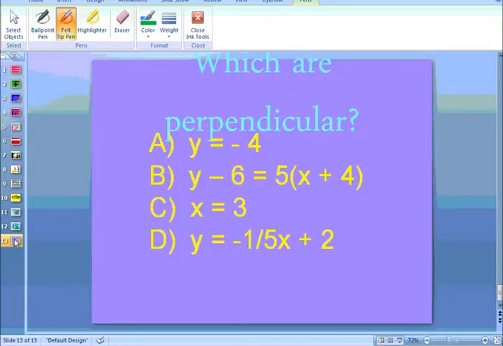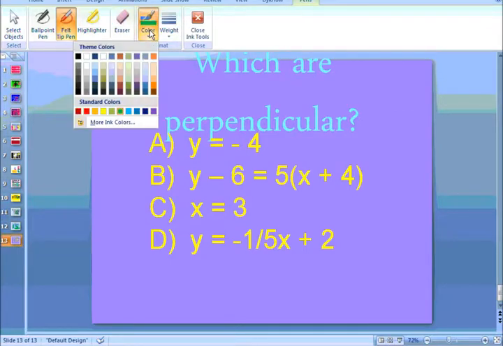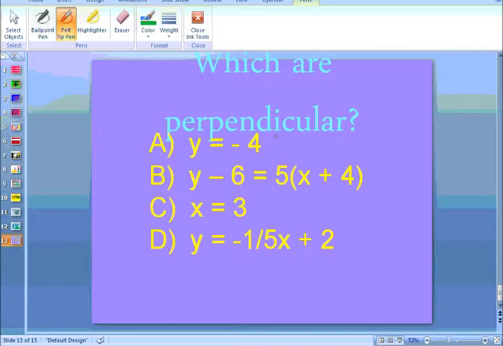On this slide, A does not have an x value, so we know that the slope is going to be 0. So if the slope is 0, it's going to look like this.